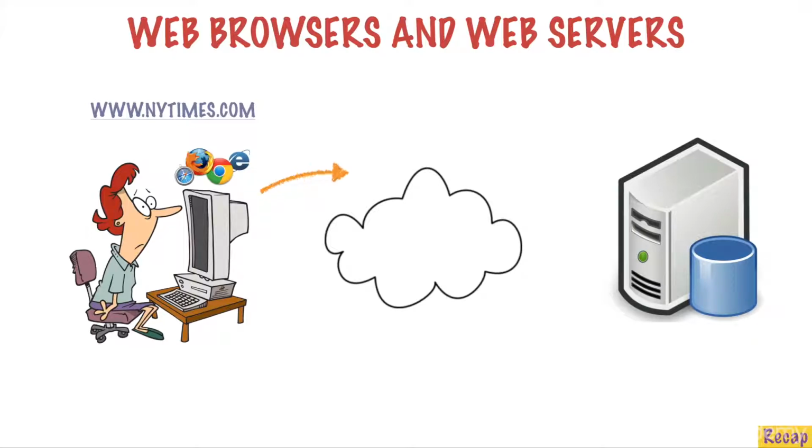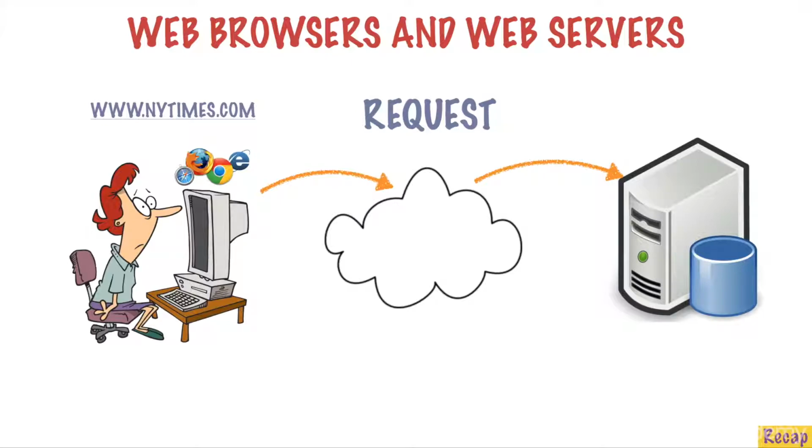By the act of typing www.newyorktimes.com, you've fired off a request to get this information from wherever it lives on the internet. This request goes out into the cloud, which is the interconnected devices, the fibers, the satellites, everything which makes up the interconnectivity of the net, and finally gets to the server which holds the information for NewYorkTimes.com.